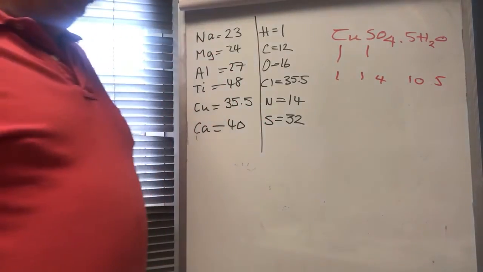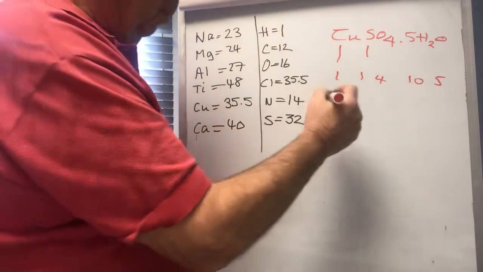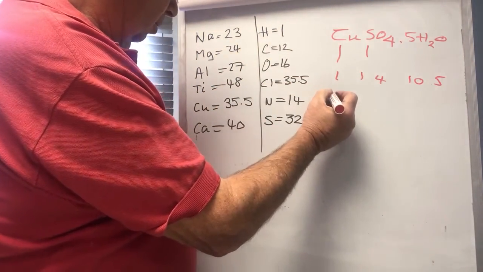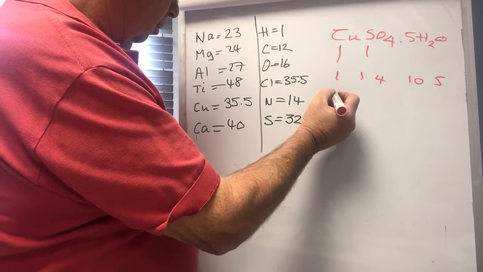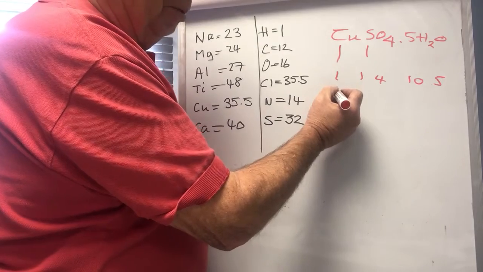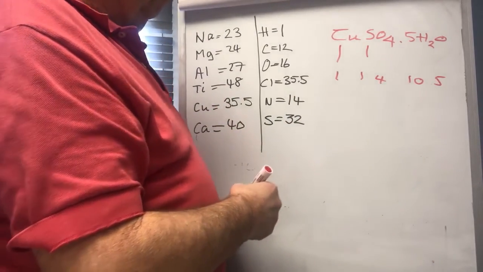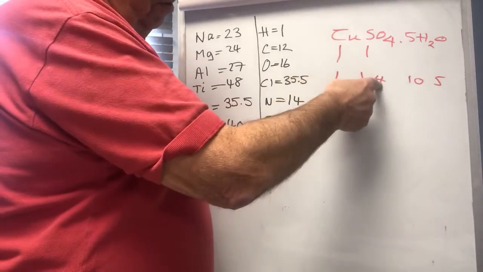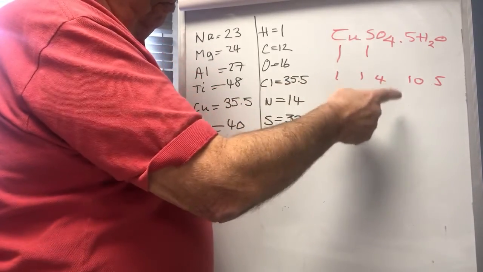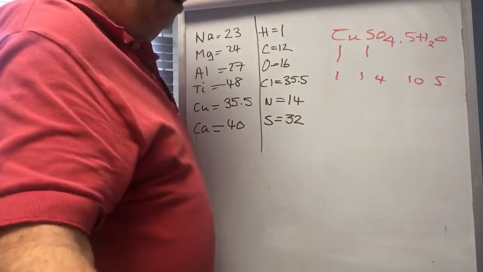And I do exactly the same again. It would be 1 times copper is, well, I think I got that wrong, is 63.5, not 35.5, plus 1 sulfur plus 4 oxygens plus 10 hydrogens plus 5 oxygens.